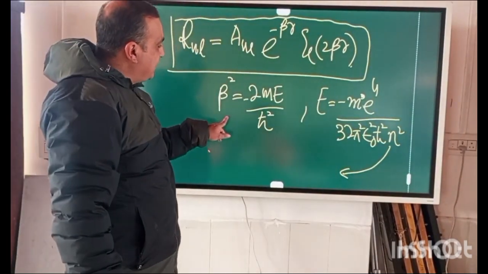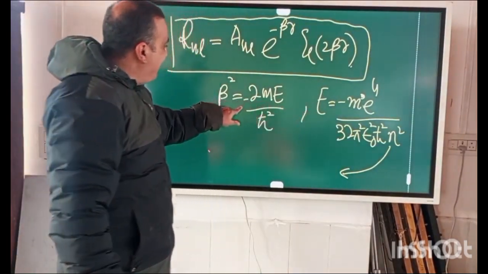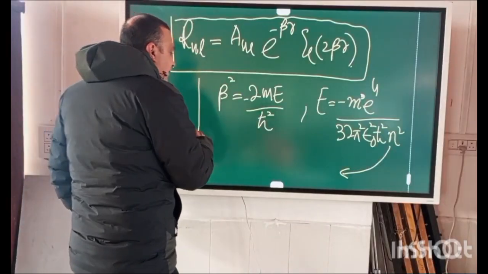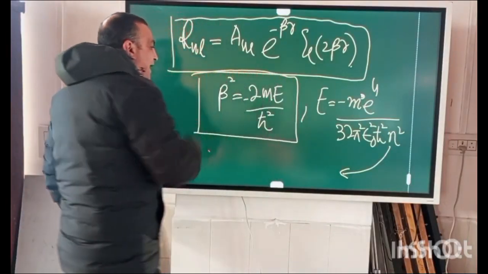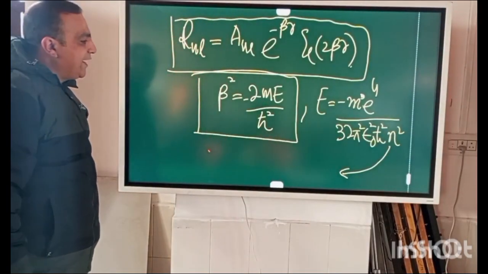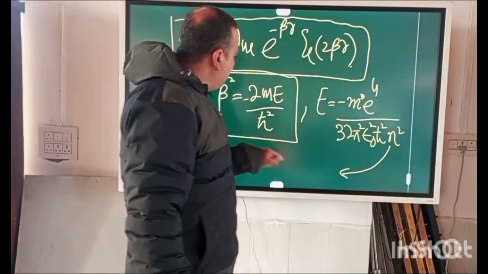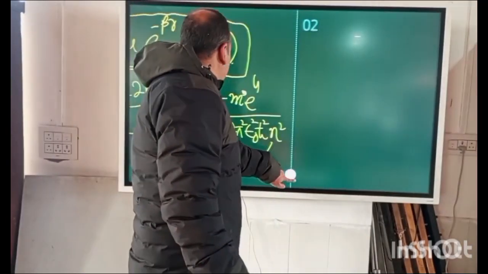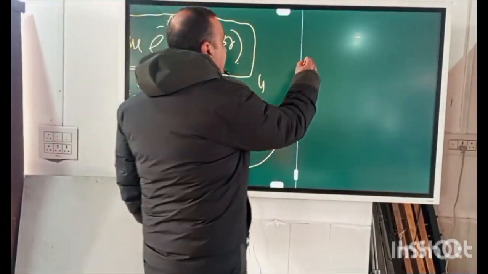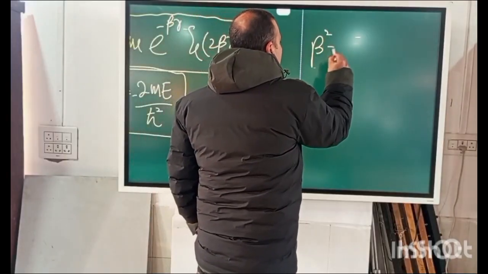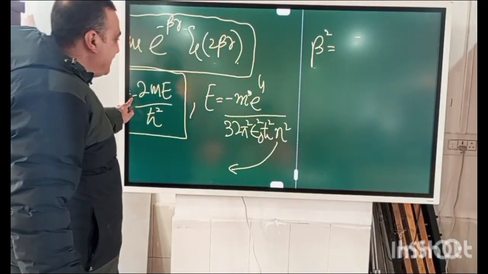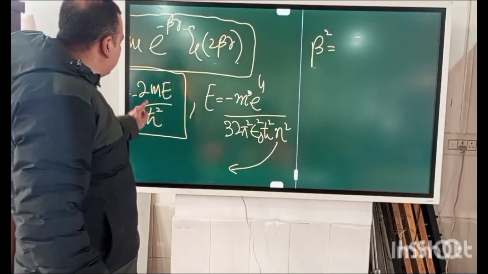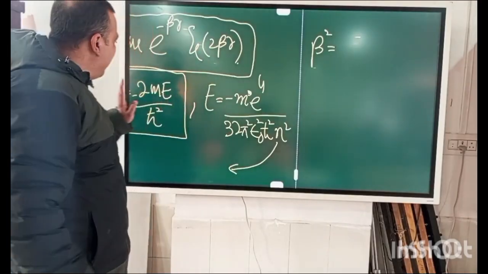Now, if I use this E back into my equation, beta square equal to minus 2mE by h bar square, what will I get? Beta square will be minus, and minus will become plus, and the 2 and 32 will cancel.